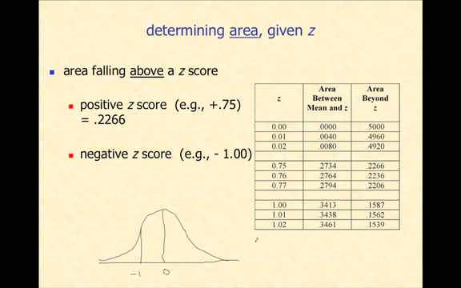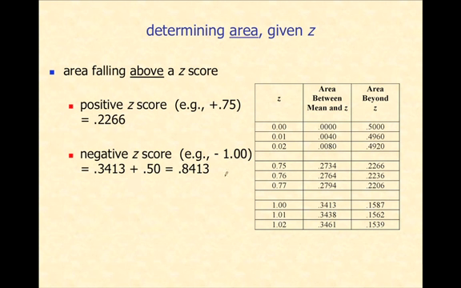In this case, we have negative 1, so we have to take the area between the mean and z. That's going to be 34.13%, and then we also know that above a z-score of negative 1 is also all of this area. So when we add 34% together with this side, which is 50%, we get approximately 84%. 84.13% in fact.